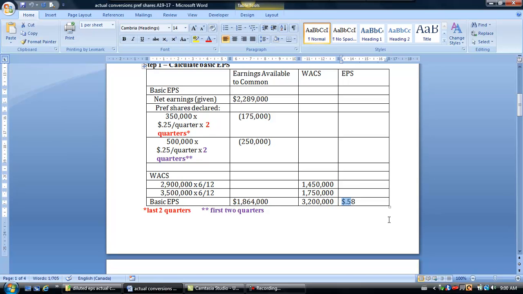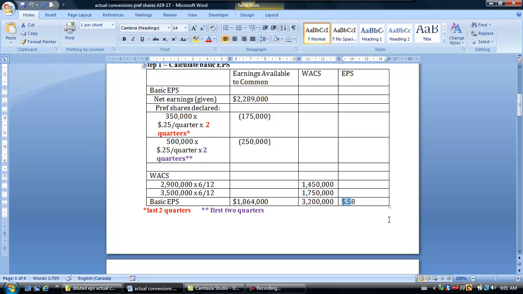So now I need to test each security to see if it's dilutive, or to see if I'm going to include it in the diluted EPS calculation. But before we do, I know this is a new section for many of you now that we've got conversions. You may want to replay this section of the video to make sure you have a firm grasp on how actual conversions impact your basic EPS calculation, because they do.